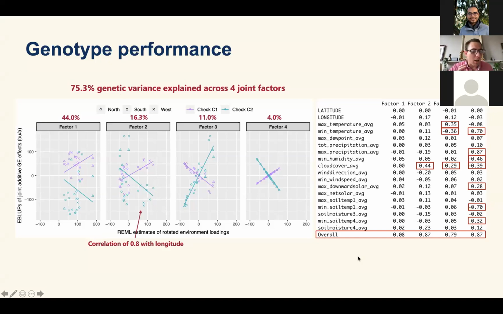Now, I'll just take a quick step back and explain exactly what these figures are showing. The purple is a Czech genotype, which I've just called C1, and the blue is a Czech genotype, which I've called C2. Now, the performance in any one of these environments, the environments corresponding to the data points, is equal to the sum of the regression lines over the 4 factors.